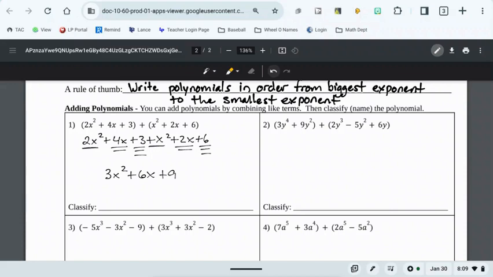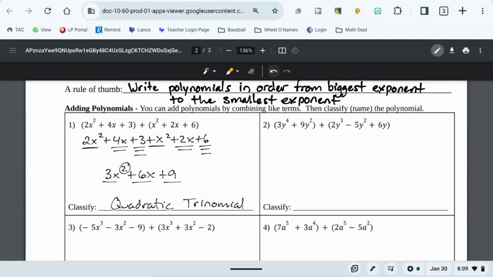Now to classify this, the largest degree is 2, we call that a quadratic. And if it is 1, 2, 3 terms, it's a trinomial.